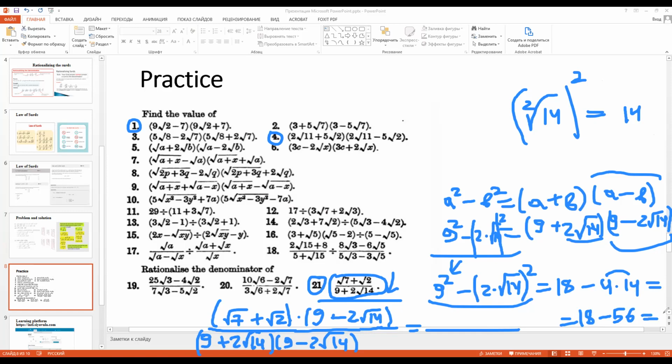So this is 56. I think it's my negative number. So minus, so you have to subtract them. Okay.